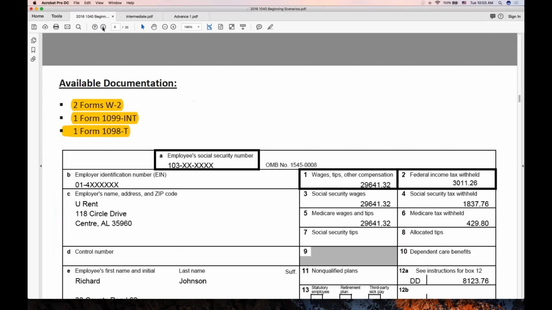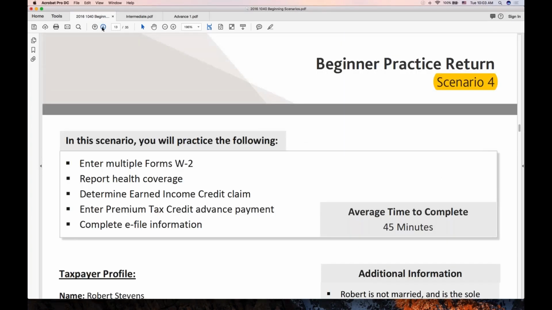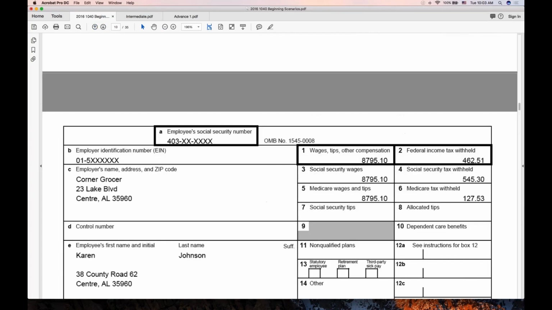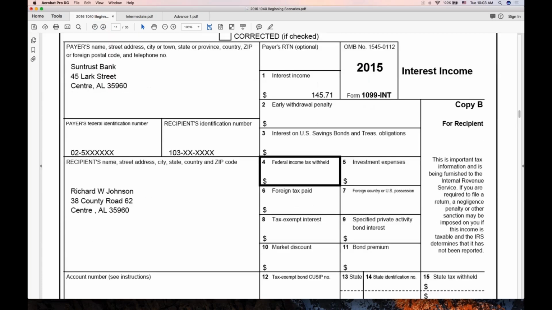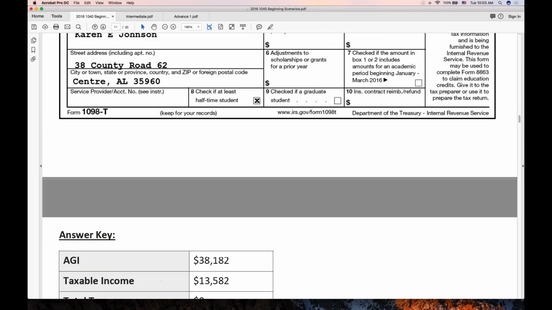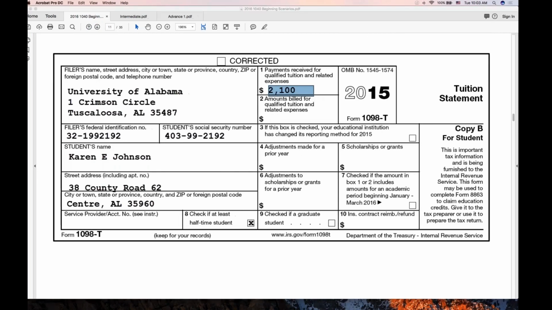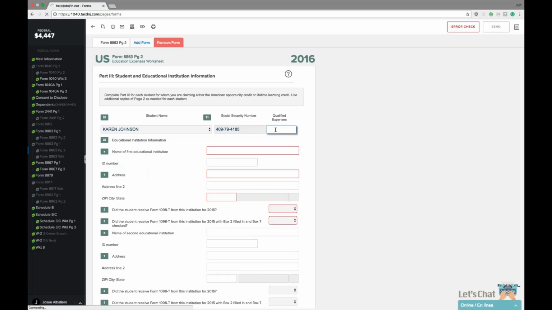So she has $150 plus she also has the 1098T right there. So $2,100 plus 150, that is going to be $2,250. Okay.